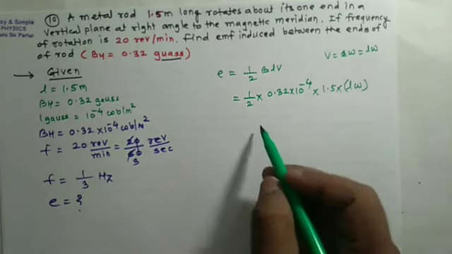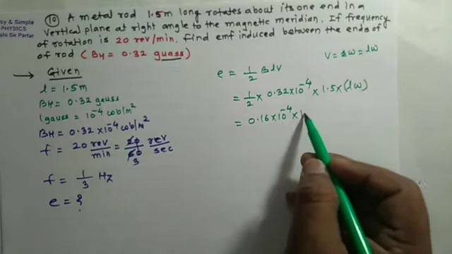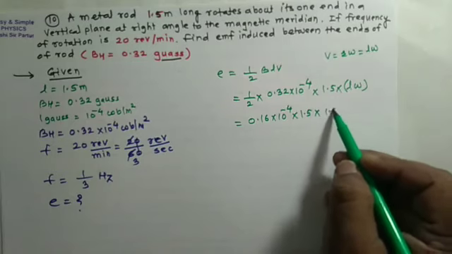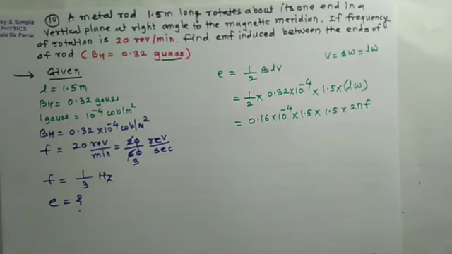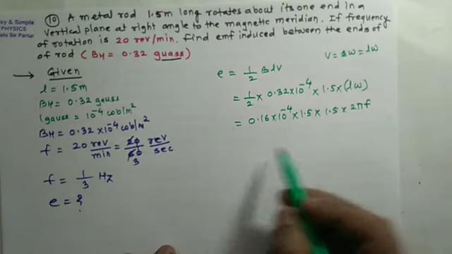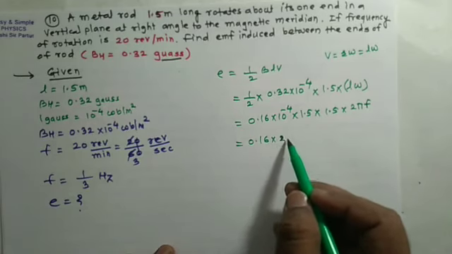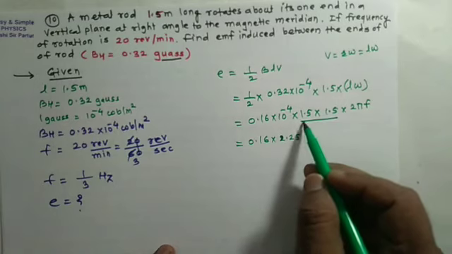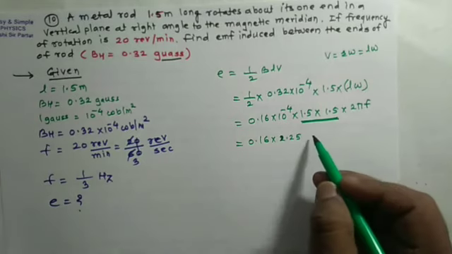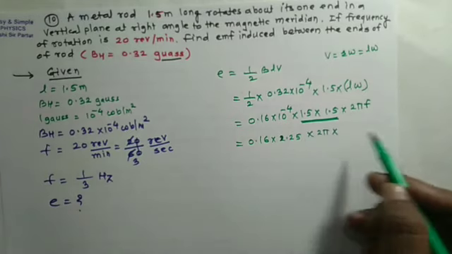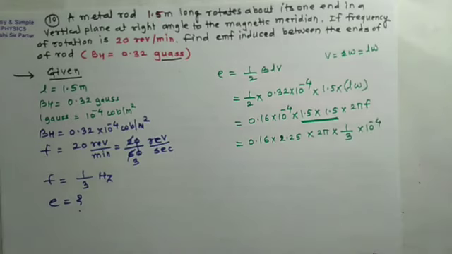So here we can take 0.16 into 10 raised to minus 4 into 1.5 into 1.5 into 2 pi f, because frequency is given. So 0.16 into 2.25, because 1.5 square will be 2.25, into 2 pi into 1 upon 3 into 10 to the power minus 4.